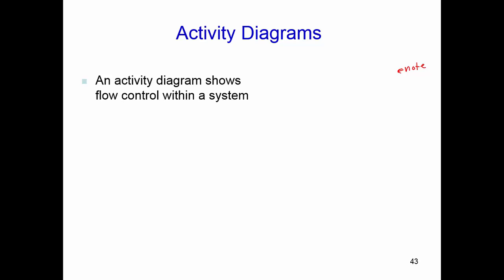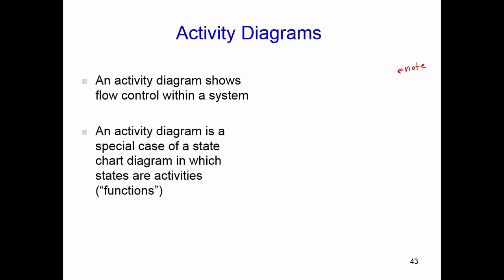Activity diagrams, and I think this is the last diagram. So this is very similar to a flowchart. So if you're familiar with flowcharts, this is the same idea. An activity diagram shows flow control with a system.